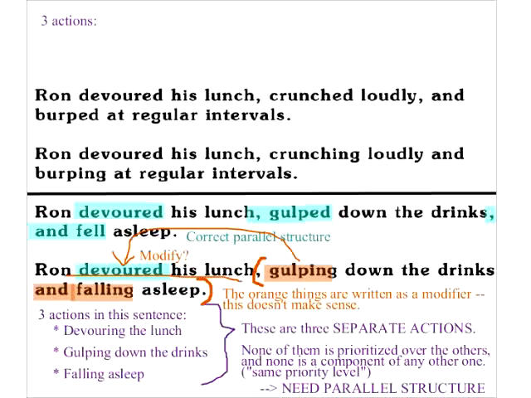The three actions are devouring the lunch, crunching, and burping. So what is the relation among these actions? Like what do they have to do with each other? Someone tell me something about these three actions in the chat box. Give me some information about how they are related, please.